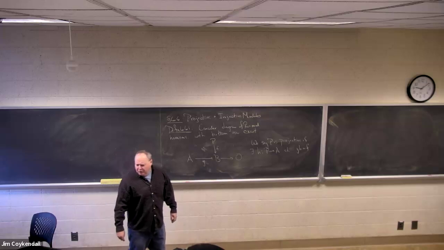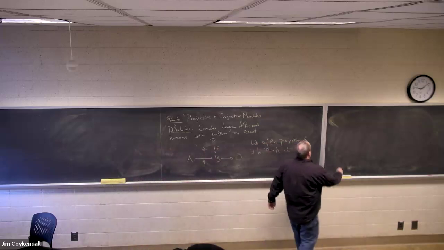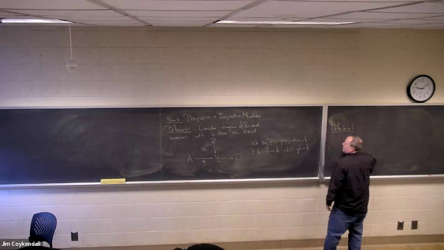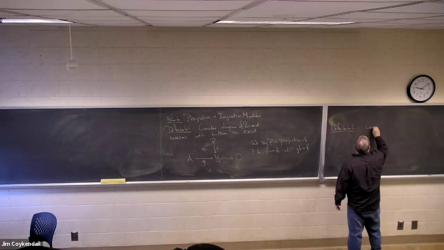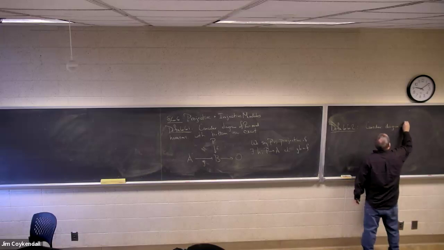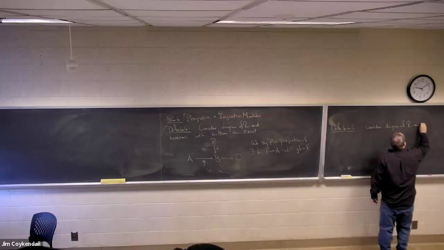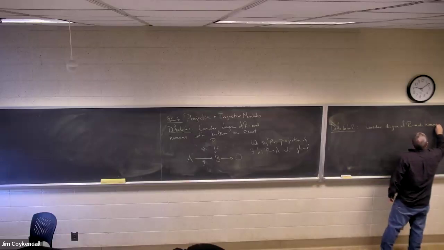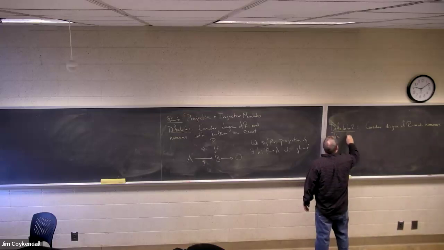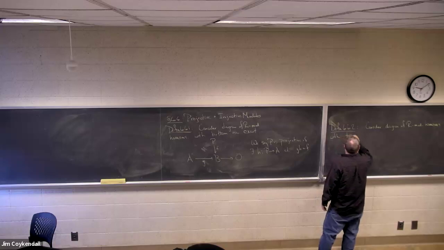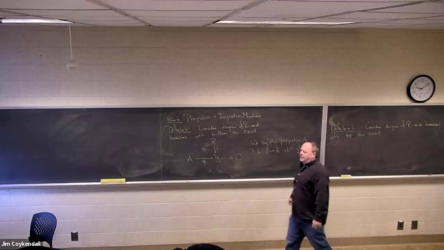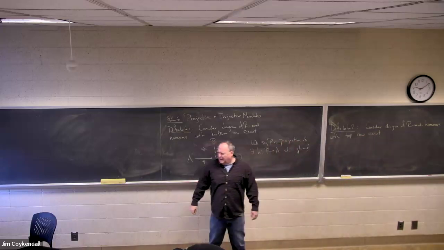Right. Okay. Now there's a dual notion. Consider a diagram of R module homomorphisms with top row exact. And in this case, here's my picture.